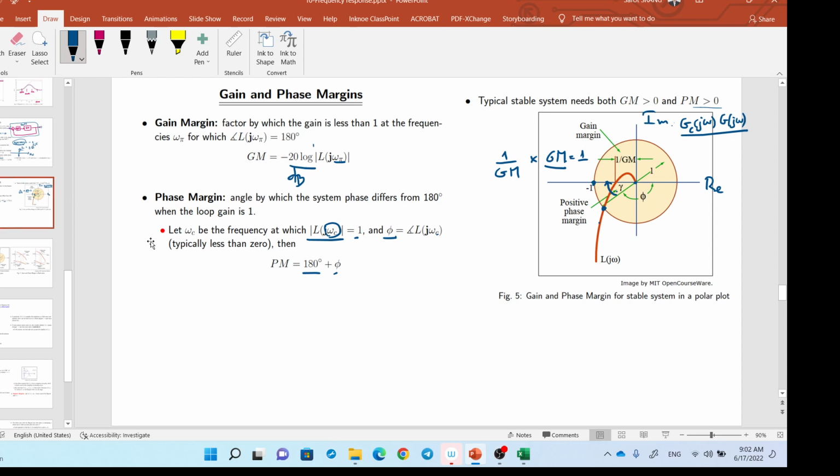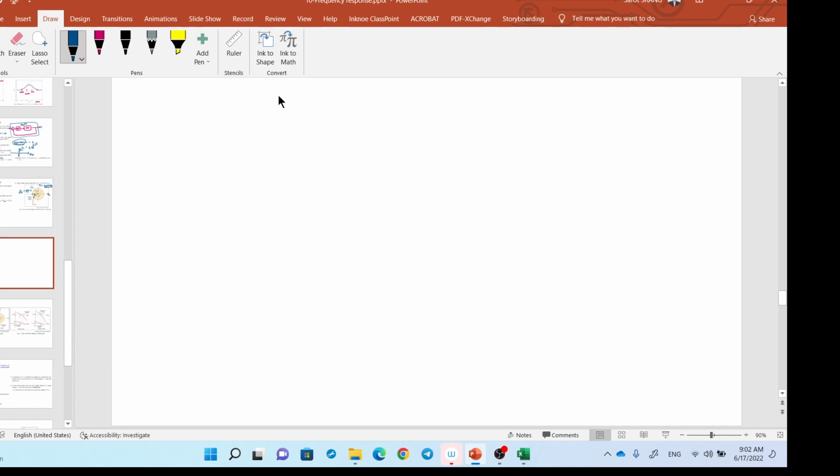I need to explain it another way. I think if you don't have the concept of this, then it's not easy to remember how to analyze stability using the frequency response method.